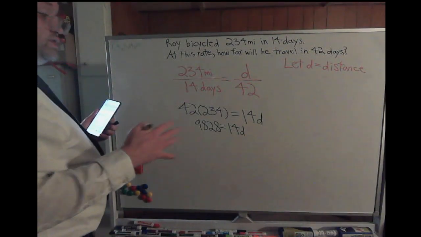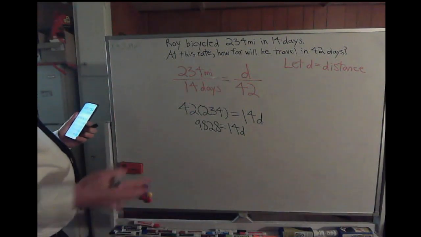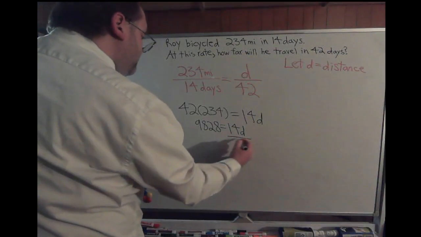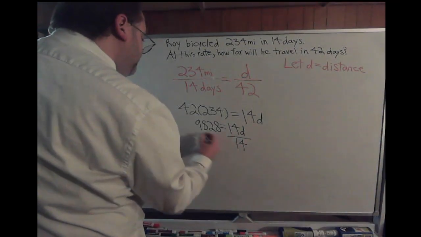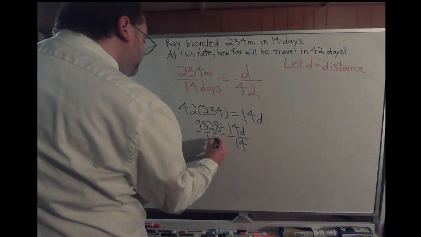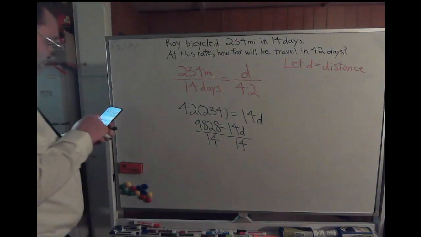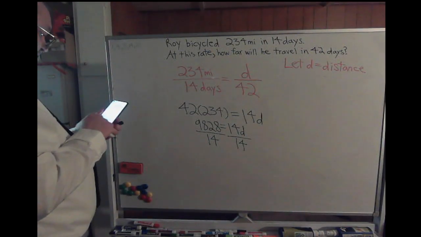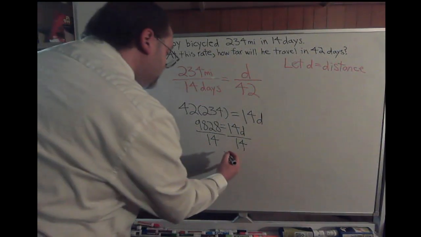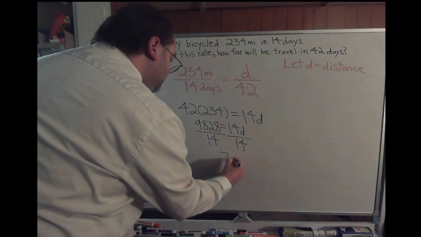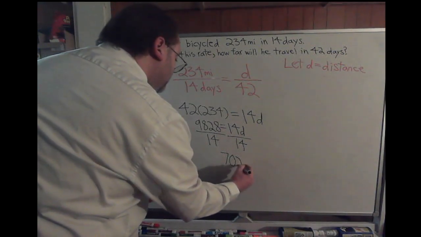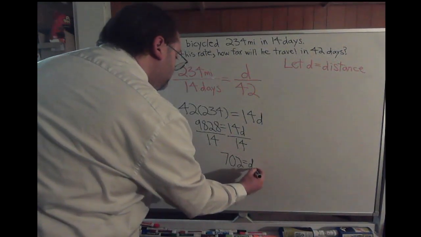So now, of course, the goal is get D by itself so we can find the distance. You'll just divide both sides by 14. So 9828 divided by 14. So let's see, 702 equals D, which is the distance.